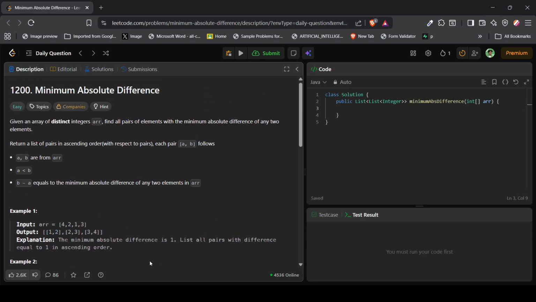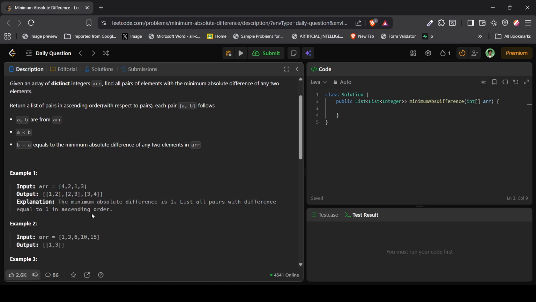One thing is also there: at first I think we need to find out what the minimum difference is, because at any point of time we don't know. There is 1 comma 2 and 2 comma 3.